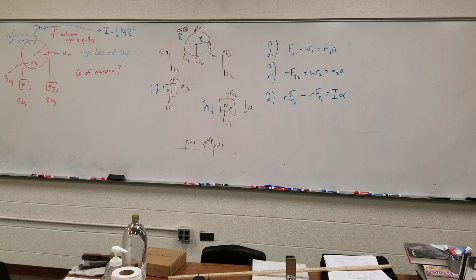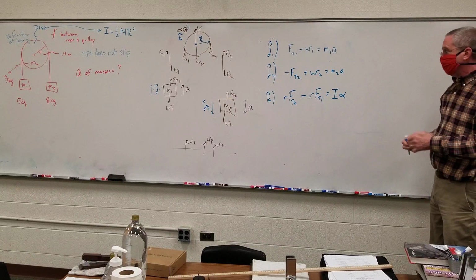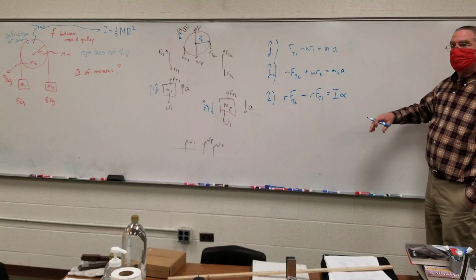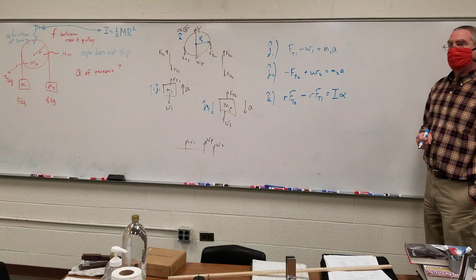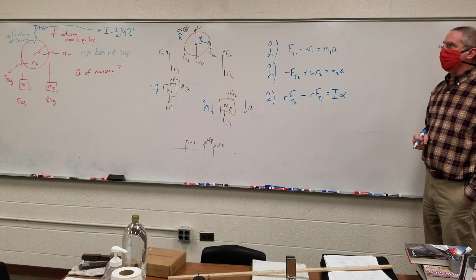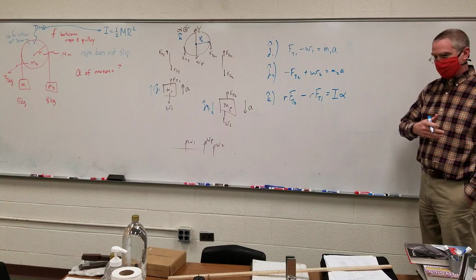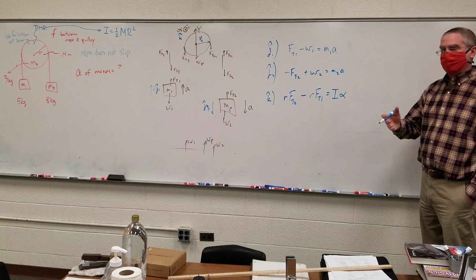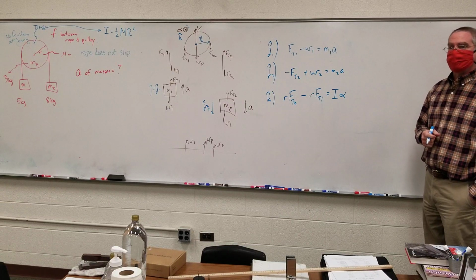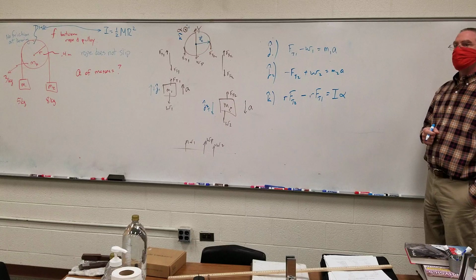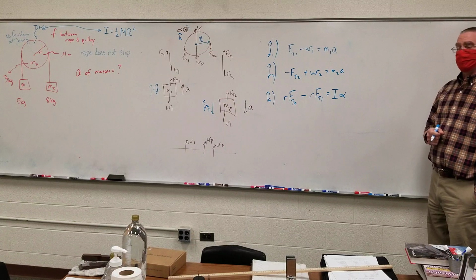Why I capitalized it, hopefully I will explain when we talk about I in more detail. What is I? It's the moment of inertia. The higher the moment of inertia is, the harder it is to get it to either start rotating or stop rotating. It's the rotational analog of mass.